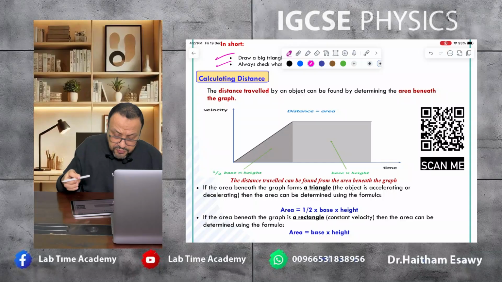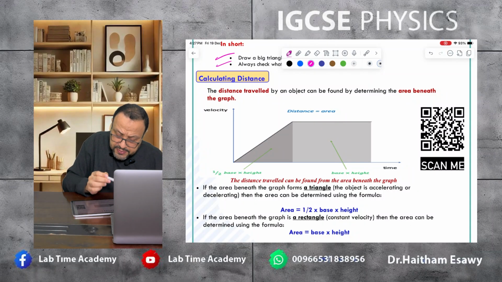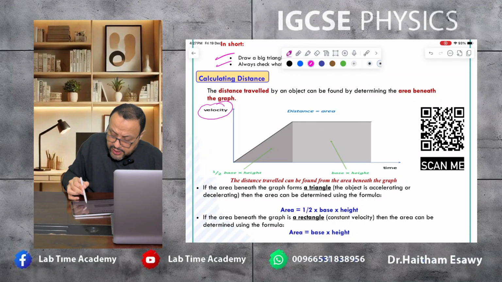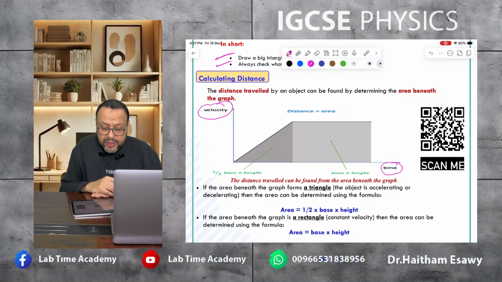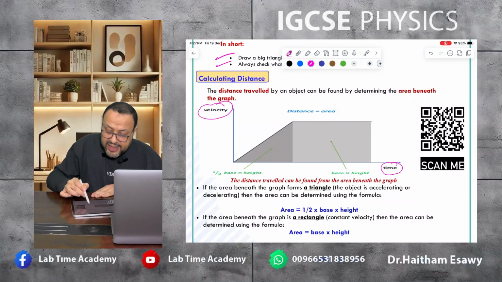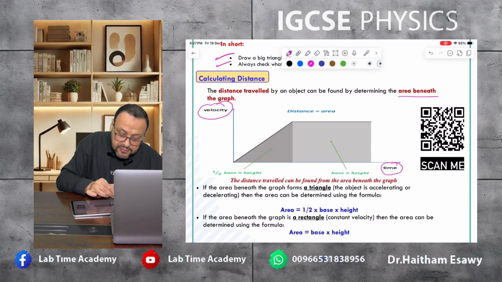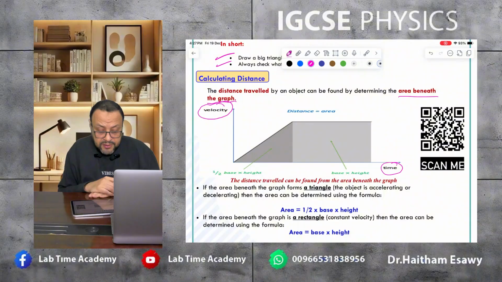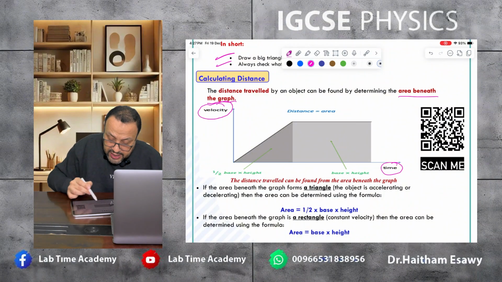So here, if we have this graph, the relation between speed or velocity and time, and he asks you to calculate the distance traveled, it will be the area beneath the graph. Here we have this graph, with the first stage and the second stage.